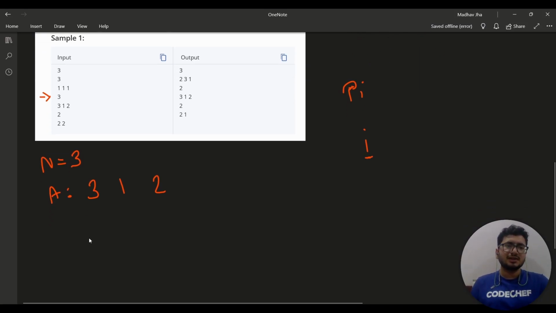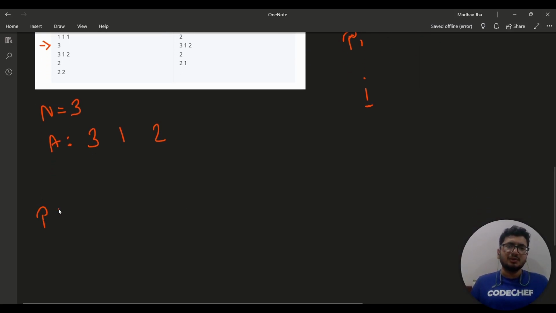So with this, let's consider this permutation of again 3, 1 and 2 itself. The indexes are 1, 2 and 3. Let's write them too. Now 1 points to the element 3 and 3 points to the element 2. So since 3 is greater than or equal to 2, this gives us a score of 1.